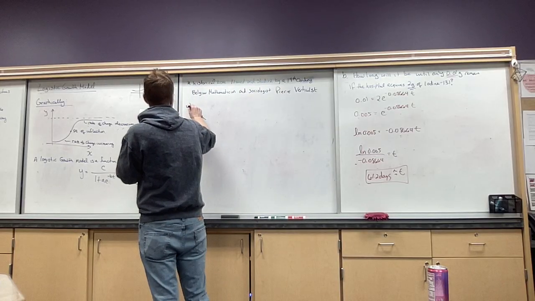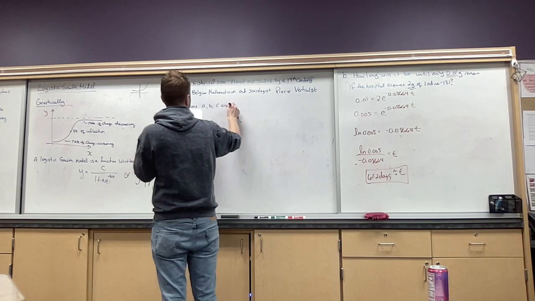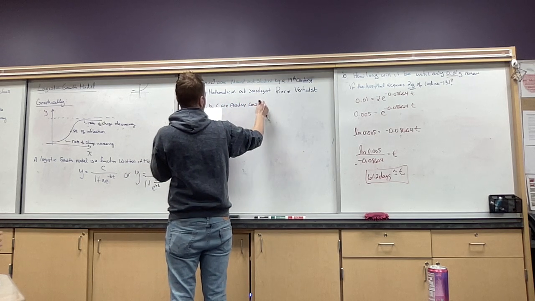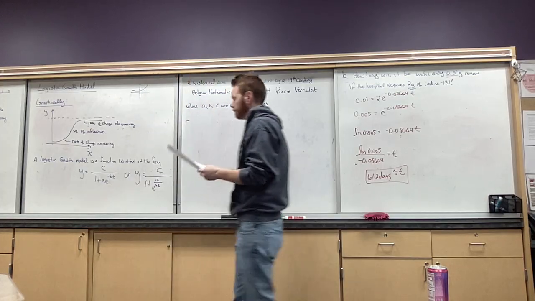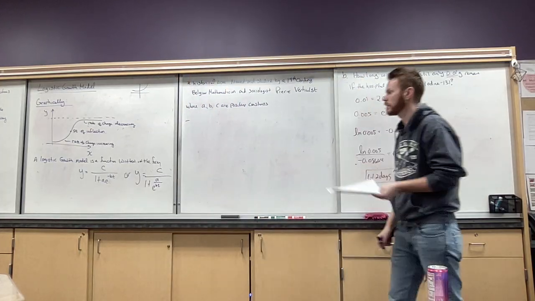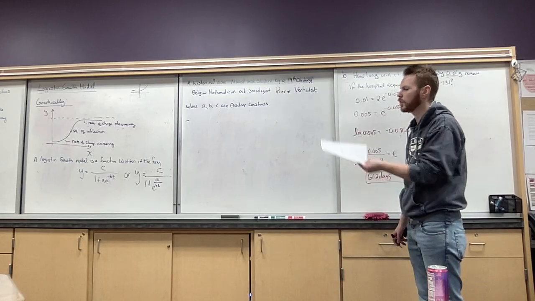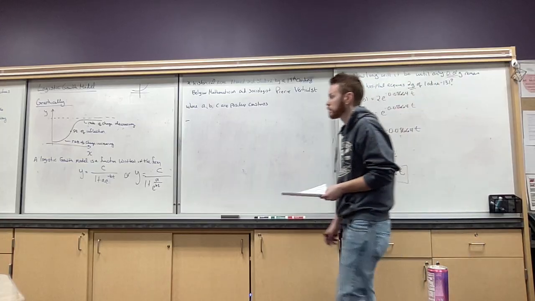So some things underneath here. A, B, and C are positive constants. Now, let me ask you this. You're not going to be graphing these, but if I wanted to know that max value, how do you find that HA? It's pretty simple.